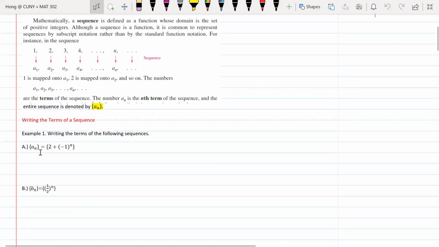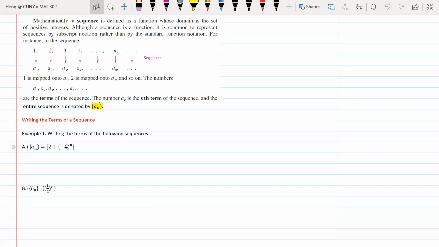Example 1, writing the terms of the following sequences. Letter A. The sequence is a sub n equals 2 plus negative 1 to the nth power. How much is a sub 1? It means when x equals 1, what is the value of the function f of 1.